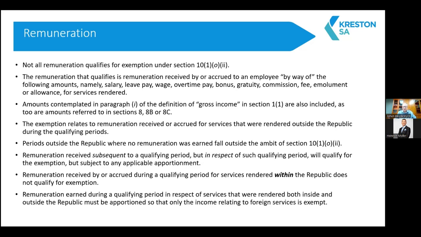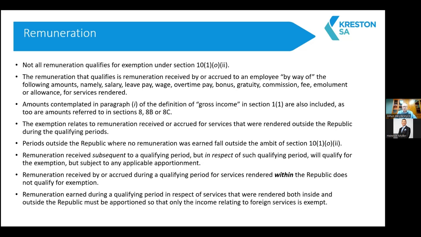So on a payout of the leave, you should look at what period that leave accrued, take it into account and say, do I qualify for 10(1)(o)? And you can qualify for multiple 10(1)(o)s over the period. Before 1 March 2020, unlimited 10(1)(o), and then after 1 March 2020, 1.25 million rand per year. It can actually work out to your benefit on leave pay and bonuses.